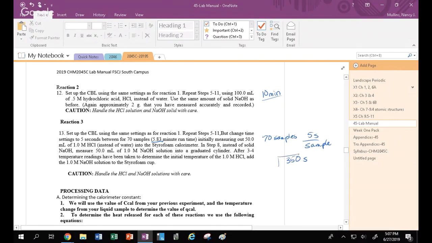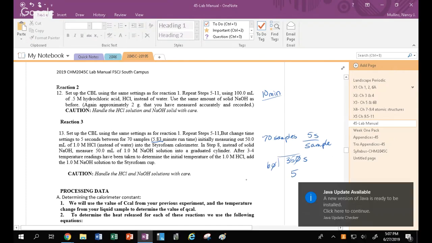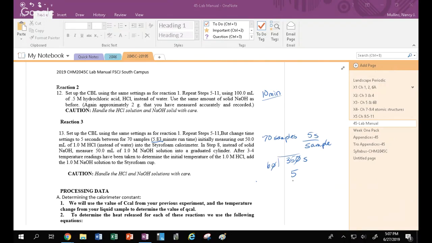Even I can do that math. 6 goes into 35 what, 5 times? Yeah. 5 minutes and 50 seconds, so 5.83 minutes is fine. So that's okay. It's just that there's a typo in reaction 1.